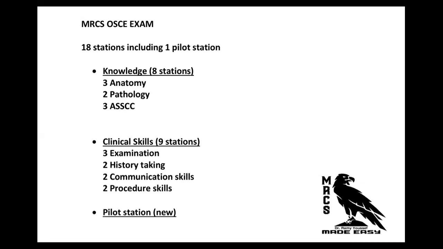If you find a full station, he can ask you about the physiology of any problem, of blood pressure regulation or something like this. He can ask you about basic surgical science: when to do an operation for this patient, when to do conservative treatment, when to do exploration, when to do laparoscopy, and something like this.